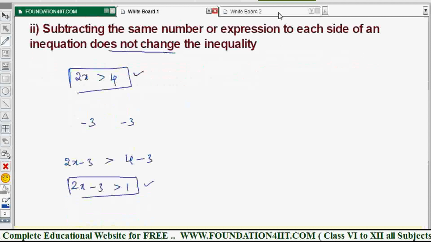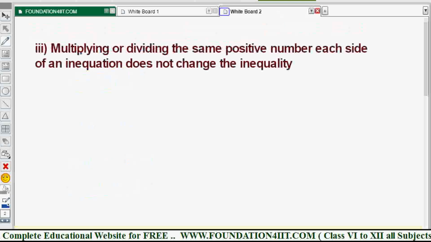Next, let us see one more property. Multiplying or dividing by the same positive number also does not change the inequality. Let's take 4x plus 3 is greater than 1. This is the inequation, and we multiply by the same positive number.